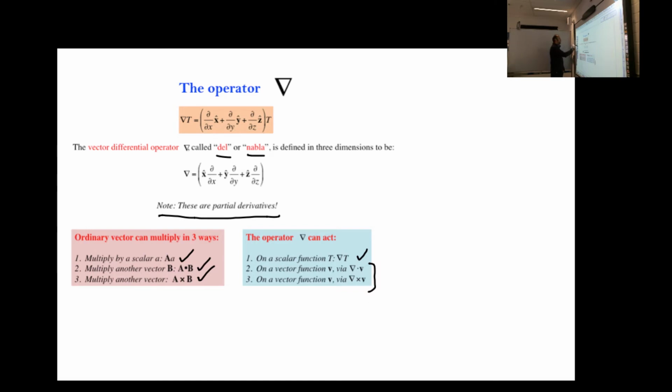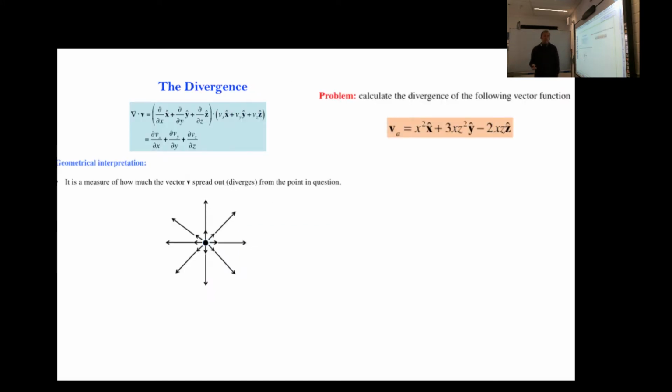So looking at the divergence, physically the divergence is how much something spreads out from some point. So here we see in this schematic that this particular vector has a large divergence. Here in the above equation is our operator, and here is our vector.